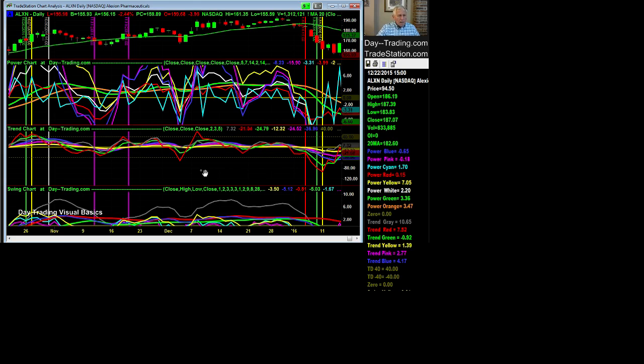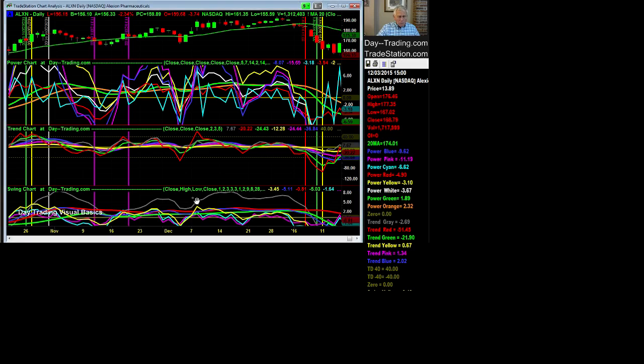But there are times when you're going to be trading when there's going to be mixed signals and you're not exactly sure. And this swing gray line can tell you some added information that can be very beneficial to your decision-making process.